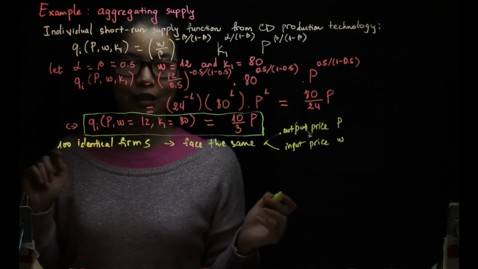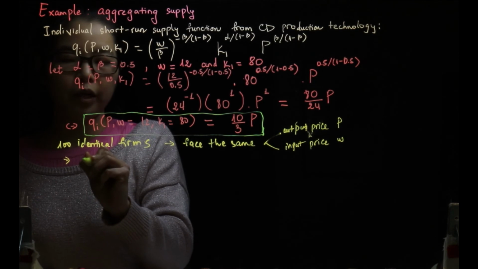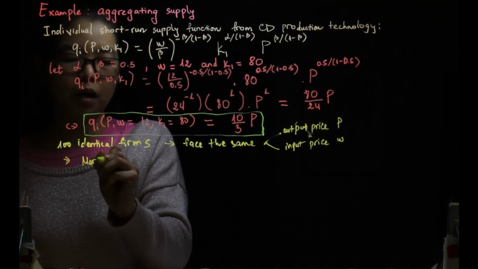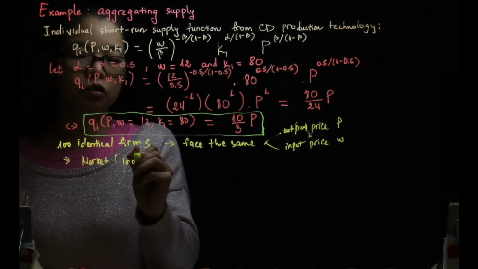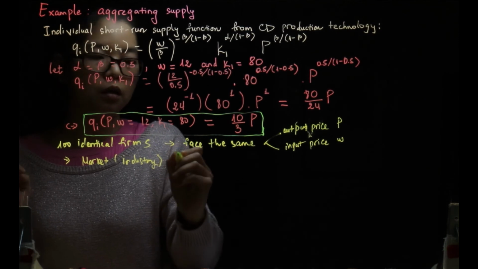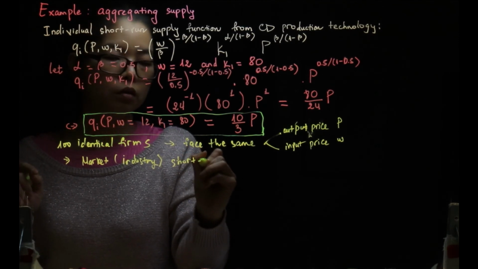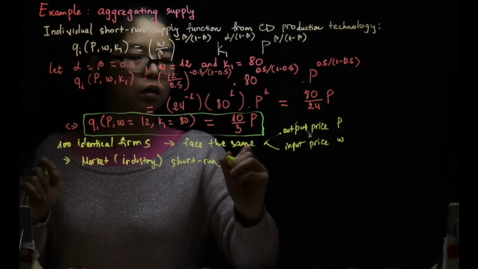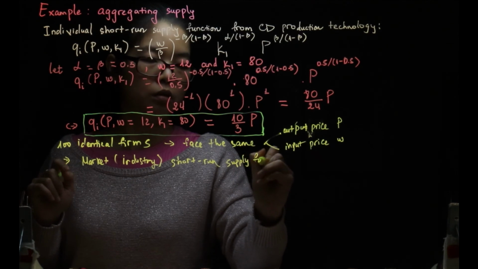Remember from the demand side, the market demand. Then we have market or industry supply, but short run. Supply function.